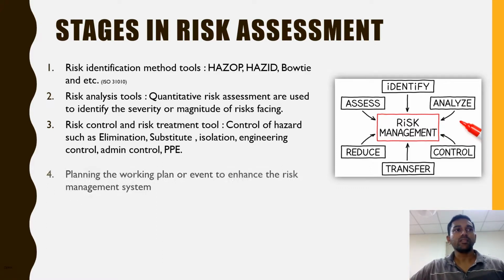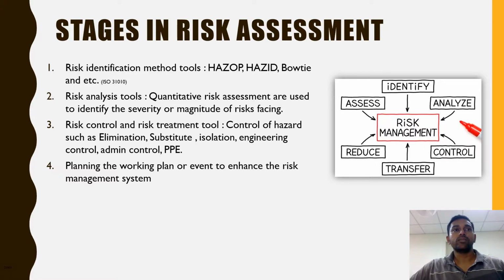Okay, and then planning the work plan, or even enhancing the risk management system. We need to plan our work to enhance our risk management system. If we are not planning our work, that means we are not foreseeing any incoming hazard in our organization. So we need to plan properly, and then execute the work.